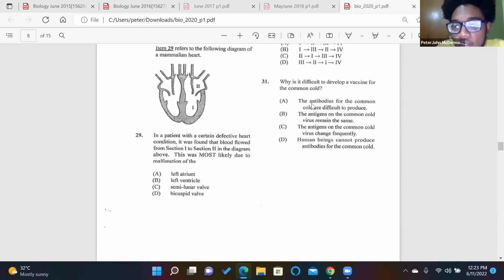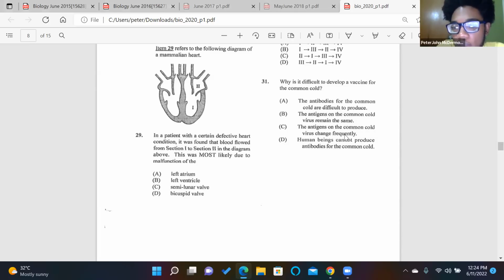So 31. Why is it difficult to develop a vaccine for the common cold? C. Correct. So yeah, remember what we're saying? Viruses mutate constantly.